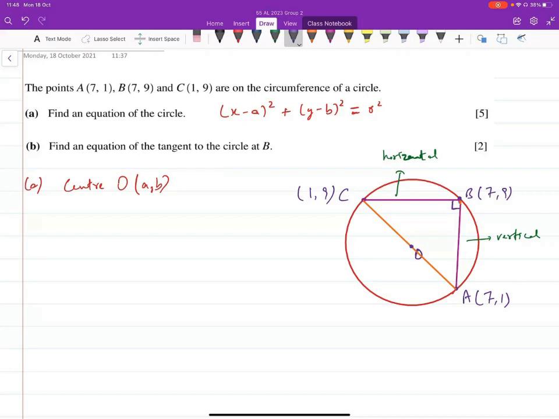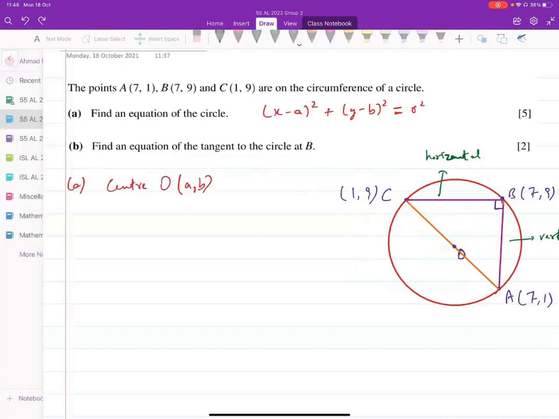So angle made by a diameter on the circumference is 90. If it's not a diameter, you cannot have another chord in a circle. कोई भी और chord आप बनाओगे, it cannot make a 90 degrees on the circumference, right? Only a diameter can make a 90 degrees on the circumference.